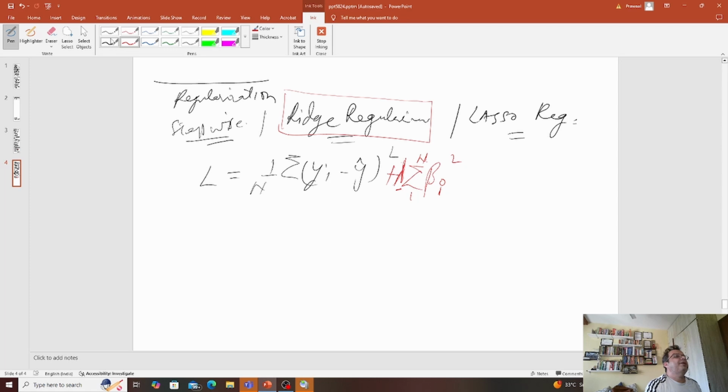Based on the circumstances, we can take some value of lambda here. But the point I'm trying to make is that you are trying to create a term here so that you are penalizing large beta i's. So if there is a coefficient which is large, you will probably tend to ignore that, because as soon as you add it and then you are again squaring it, your loss function is going to increase significantly.